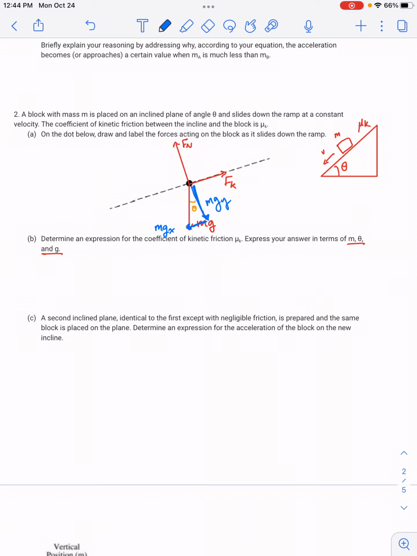So mg in the x direction would be equal to mg times the trig function that represents the opposite side, so it would be the sine of theta. And so mg in the y direction would then have to be the cosine.